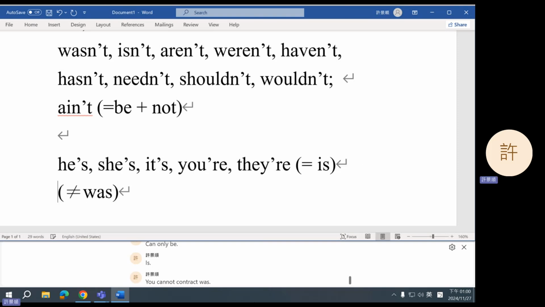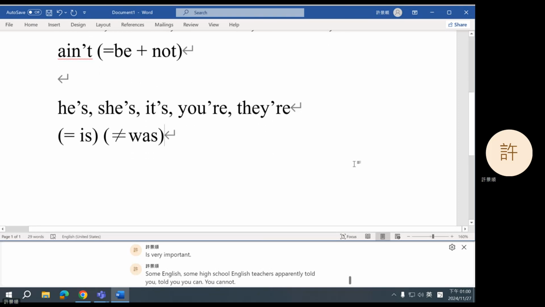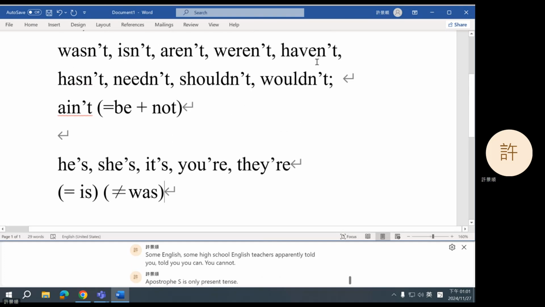This is very important. Some high school English teachers apparently told you you can, you cannot. Apostrophe S is only present tense. Oh yeah, can't.